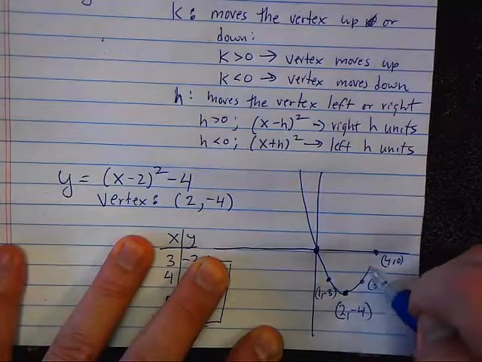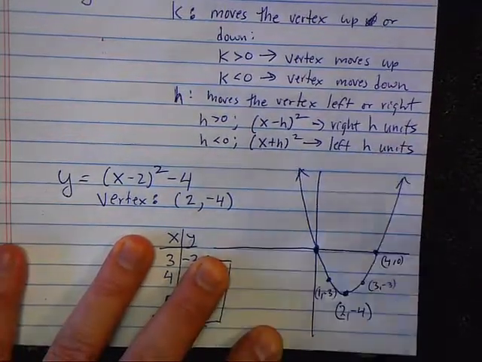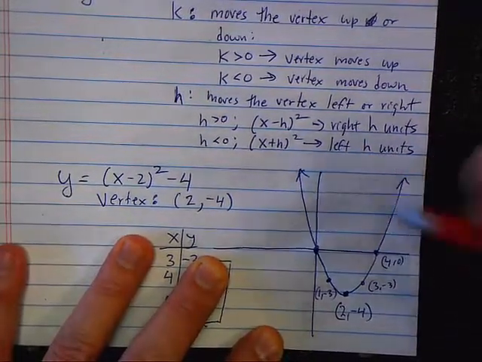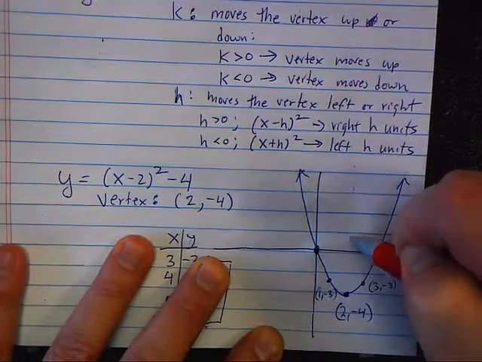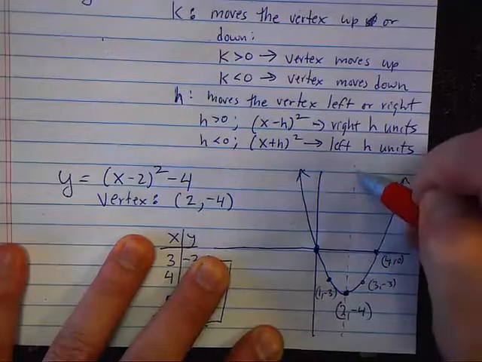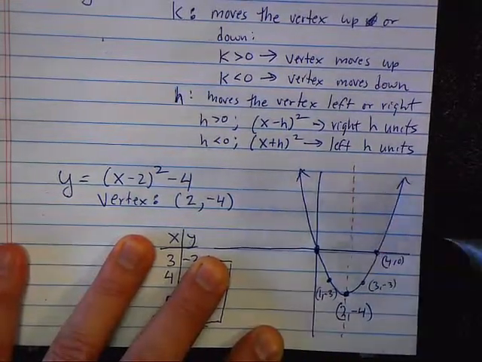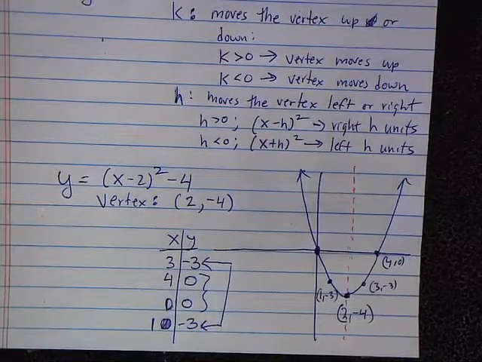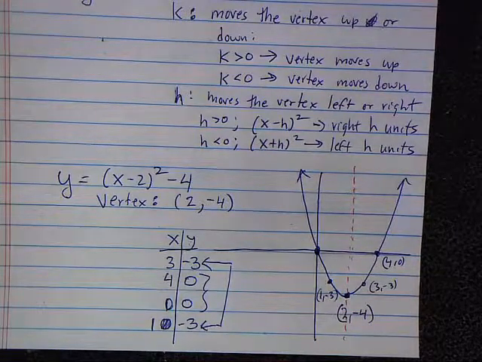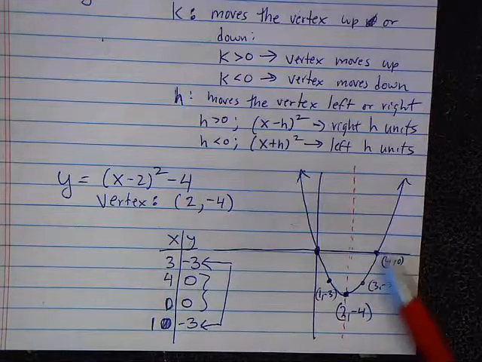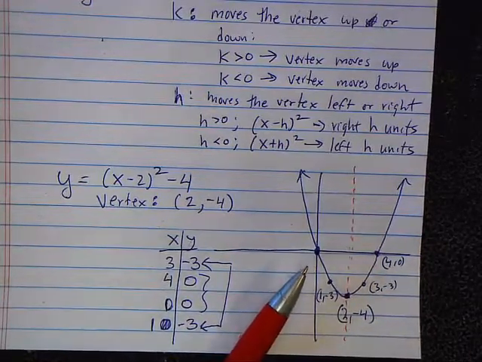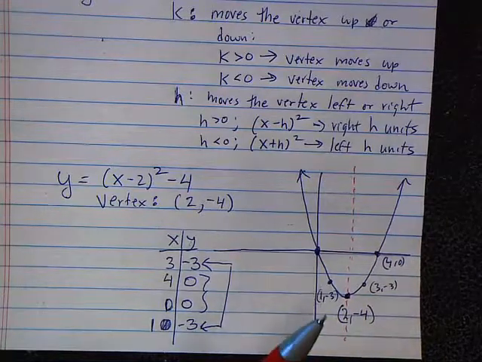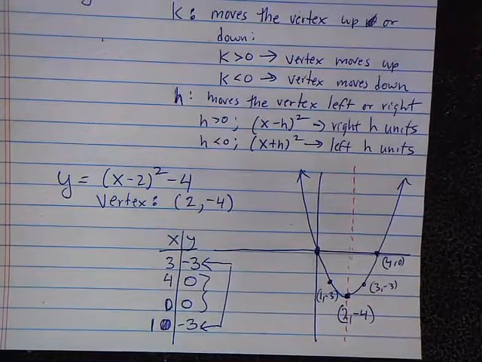If you draw the vertical line that goes right through the vertex, you should get a mirror image. So when you calculate points, you really don't need to calculate more than 2 of them. If I calculate 2 on the right, the 2 on the left will have exactly the same y number.